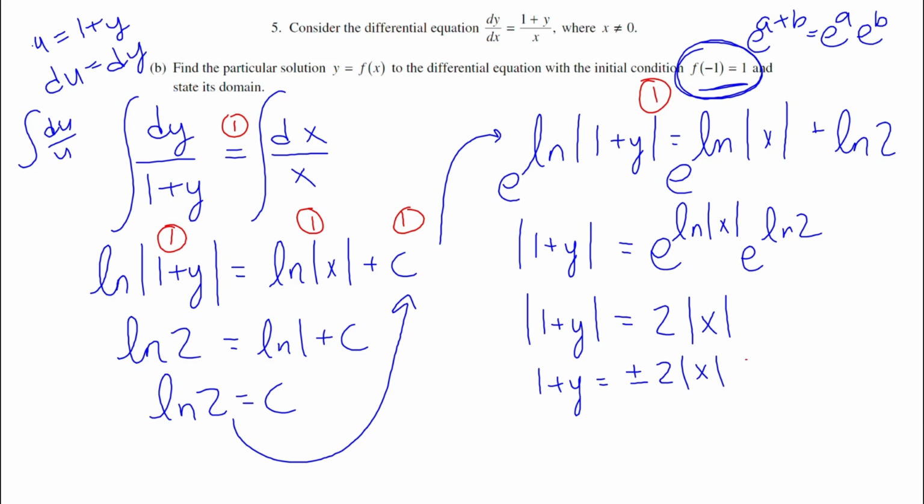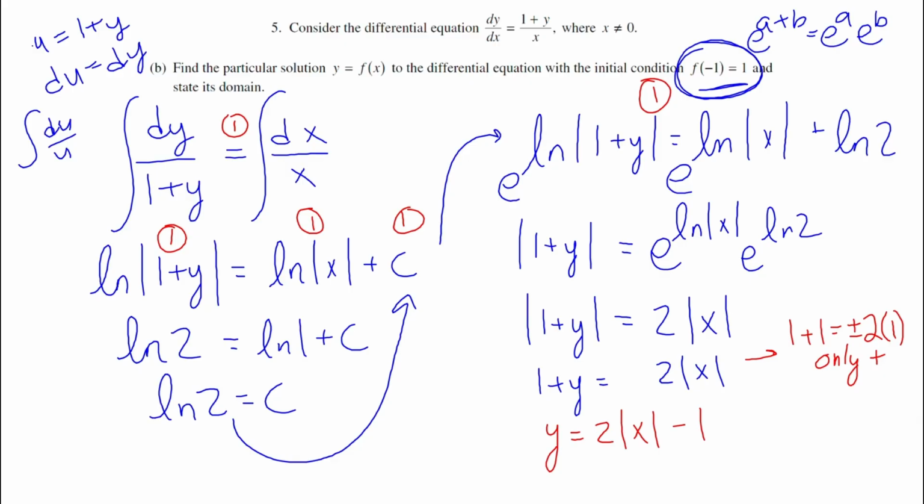So we'll test that off to the side here. 1 plus 1 equals plus or minus 2 times the absolute value of negative 1, which is just 2 times 1. Well, 1 plus 1 is 2, not negative 2, right? So we want the positive value here, which means I'm not going to have a plus or a minus. I'm just going to have 1 plus y equals 2 absolute value x, or y is equal to 2 absolute value of x minus 1.